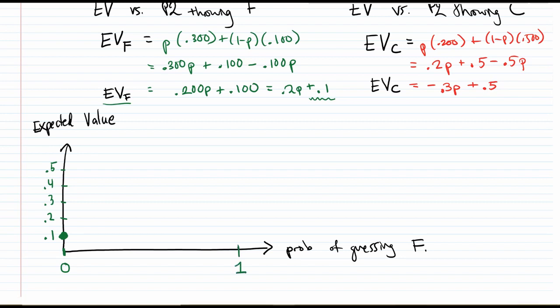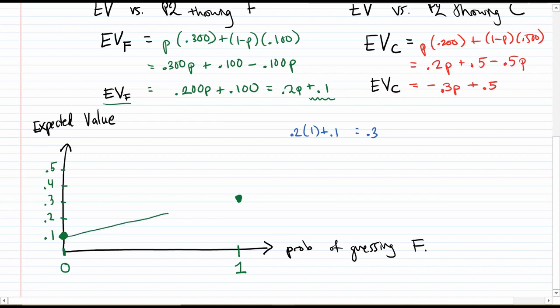And what happens when I plug in 1? If I plug in 1, I'll get 0.2 times 1 plus 0.1. That's just 0.3. So the point I should plot above 1 is 0.3. And this is a straight line, right? It's of the form mx plus b. So this is our expected value line against fastballs.